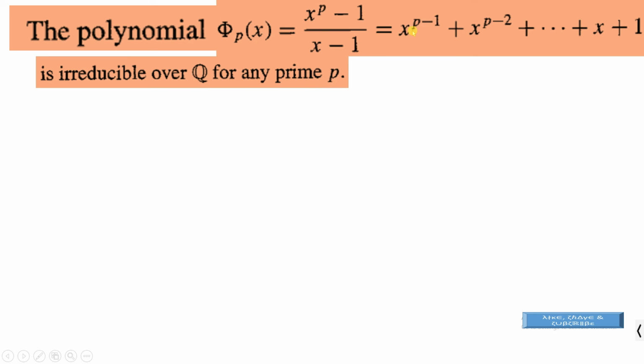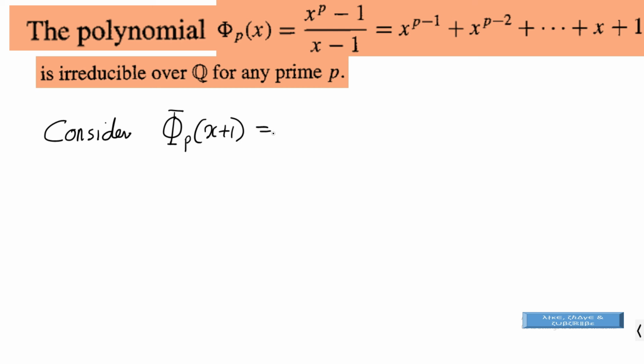You can see that these two expressions are the same, for if you multiply x minus 1 with the expression on the right hand side, you are going to get x^p minus 1. In order to prove this, we start with capital phi_p(x plus 1). That is, consider capital phi_p(x plus 1).